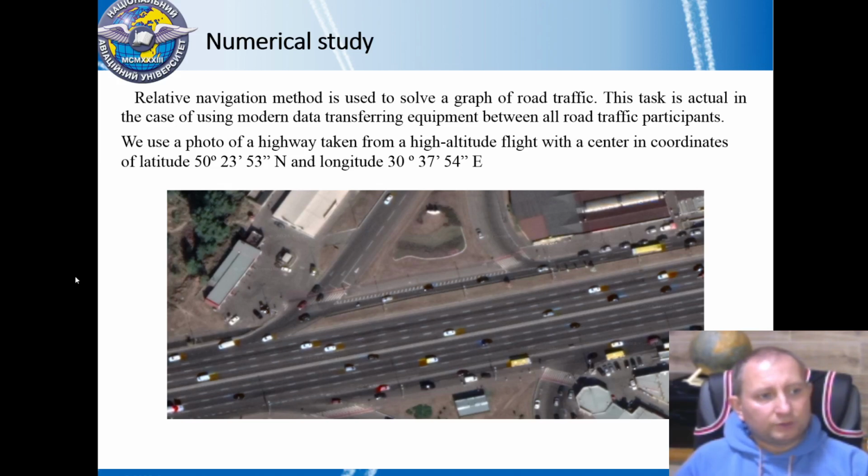That's why we take a photo based on some UAV equipment, and then we use specific algorithms to detect the location of cars on the road.